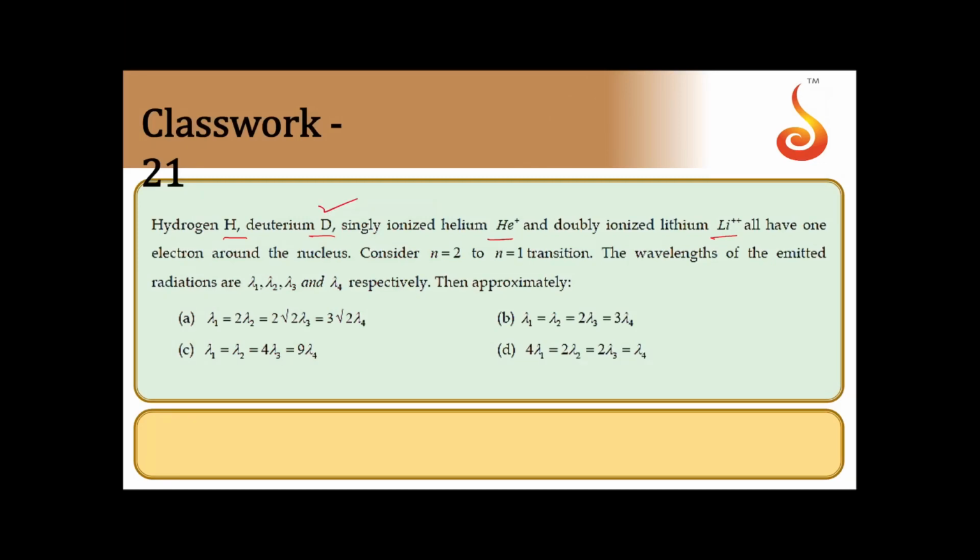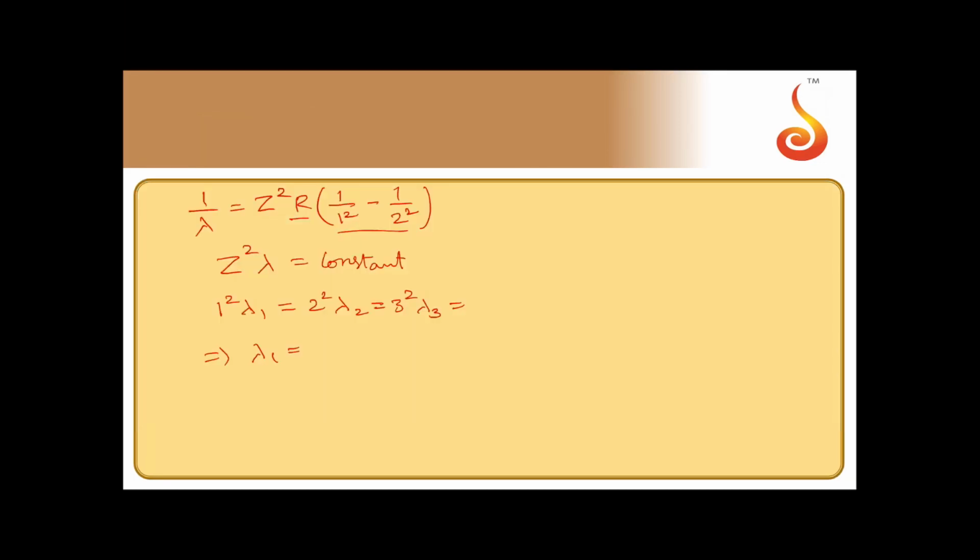Second one is deuterium, so its Z value is 1 only, so it should be 1 square into lambda 2, this will be 2 square into lambda 3 and 3 square into lambda 4.